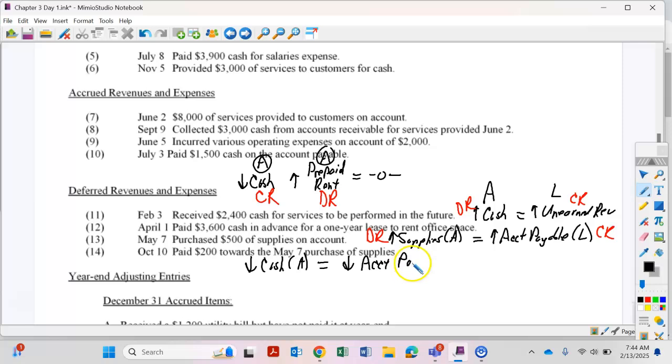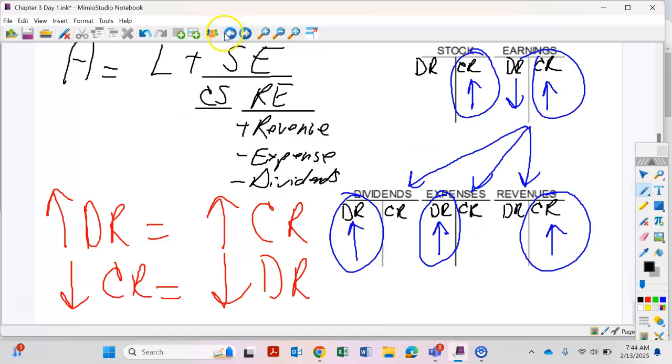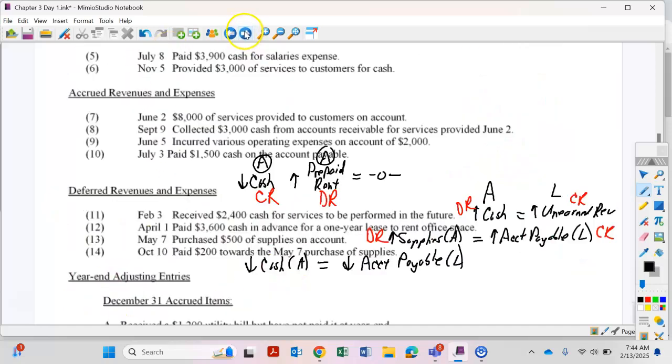We're making payment on that. And that's a liability. So assets are going to go down, liabilities will go down. Again, nothing happens to supplies. We're paying on the original purchase. We're not using the supplies yet. Okay, so cash will go down, that's our credit. Liabilities go down with a debit.